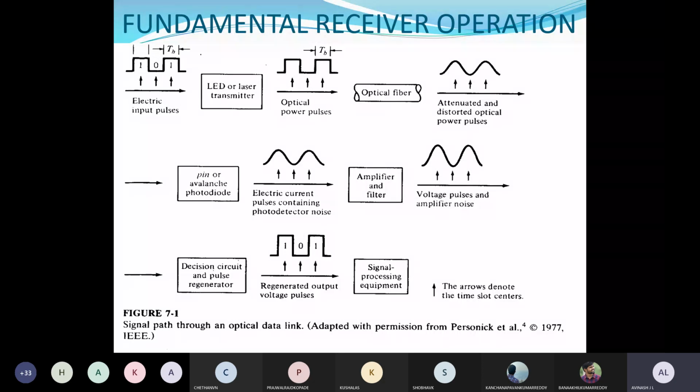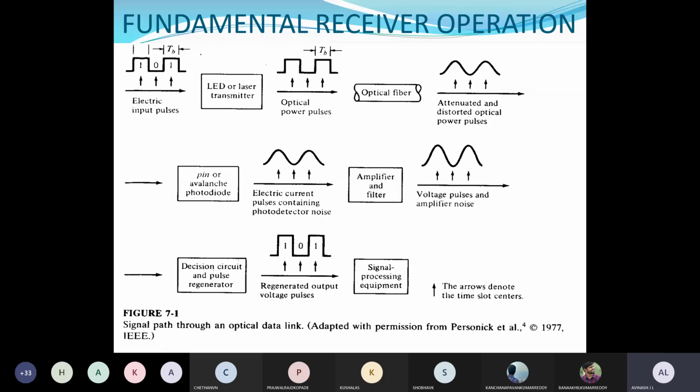Whatever electric circuits you use, ideally 100% it will not work. There will always be some amount of noise associated with it. So when you are talking about the amplifier, amplifier noise will get added to the pulse. Now the electric current pulses will get amplified and we get the amplified version of it.